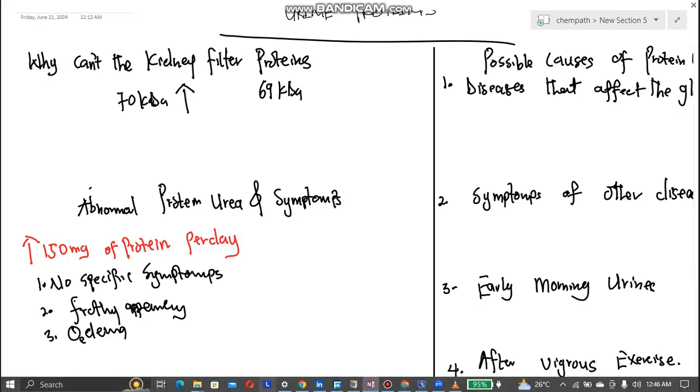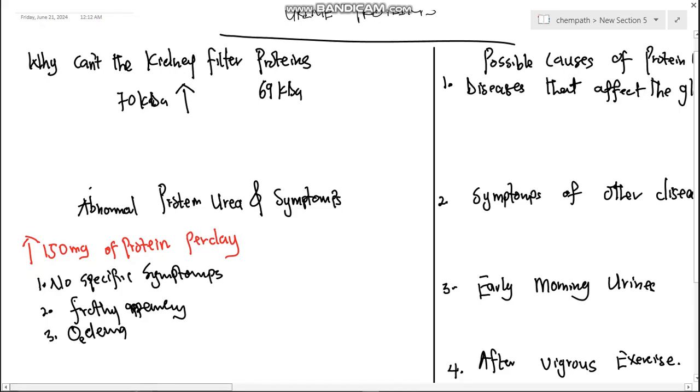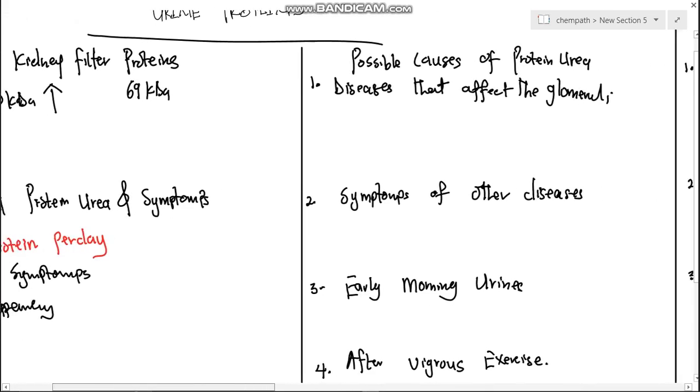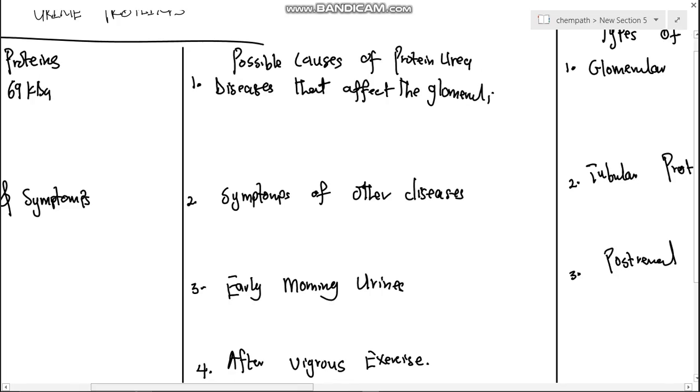Now, let's go to the possible causes of proteinuria. What do you think will be the possible causes of proteinuria? First of all, we have diseases that affect the glomeruli, like glomerulonephritis.